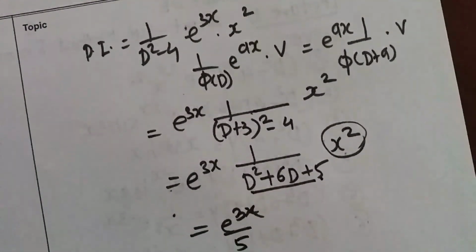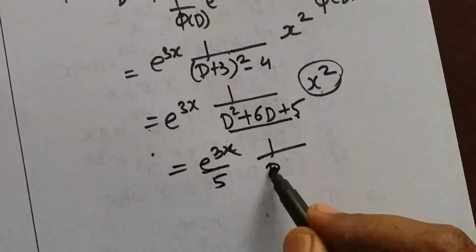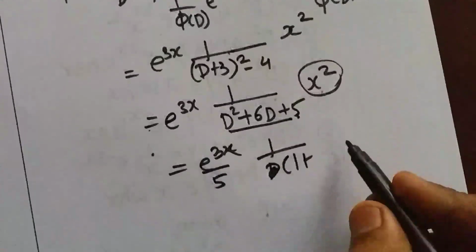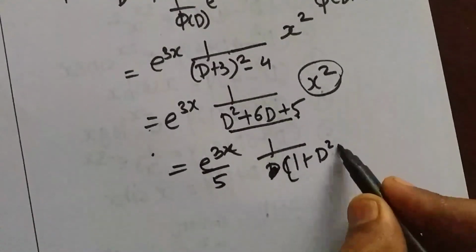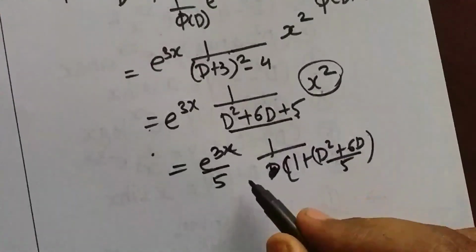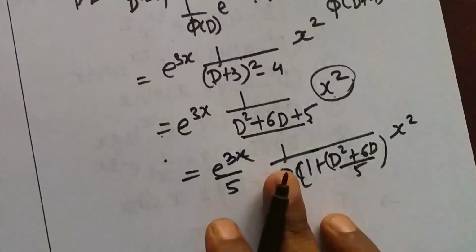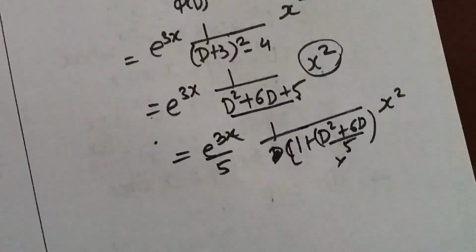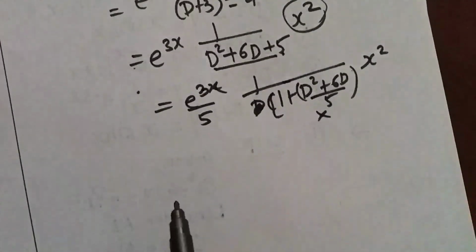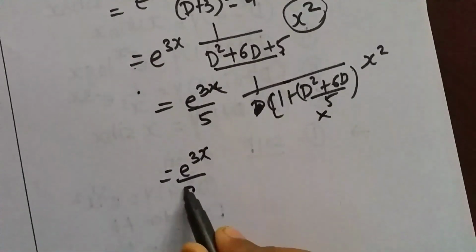If you take 5 common, we'll have 1 by 1 plus the remaining 2 terms, D square plus 6D, divided by that number which we have taken common, 5, on x square. Now here we have 1 upon 1 plus some quantity, so call that quantity x. So we are going to use the expansion of 1 upon 1 plus x.